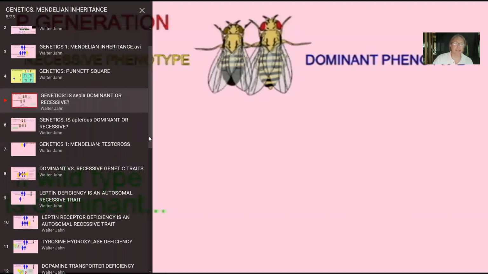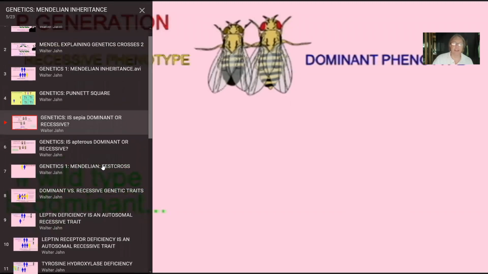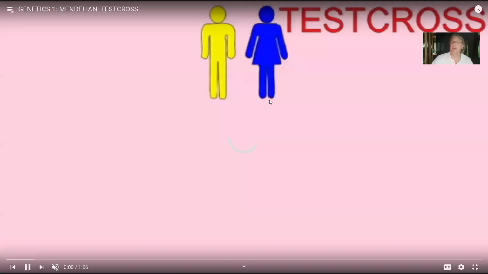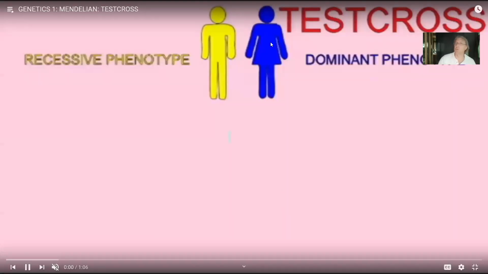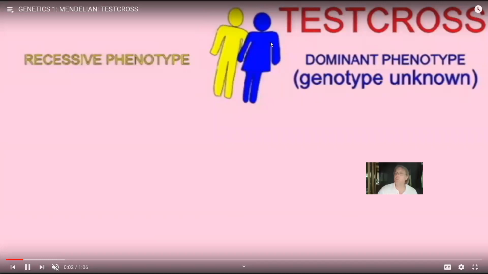So in a test cross, one could then say, I'm going to determine the genotype of this individual with the dominant phenotype. If this individual has a dominant phenotype, I'm going to mate them to someone who is homozygous recessive, and then I will figure out what their genotype is.